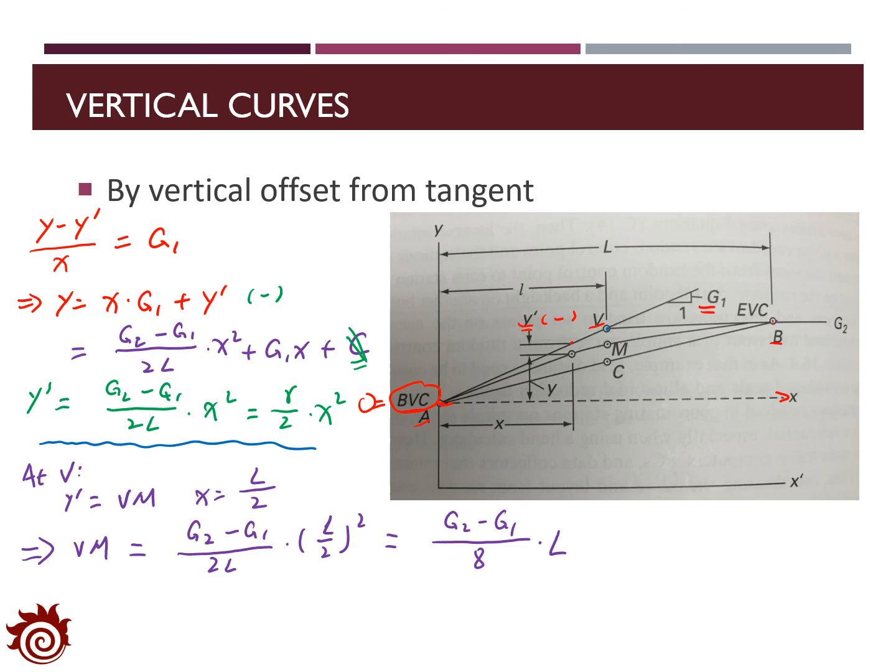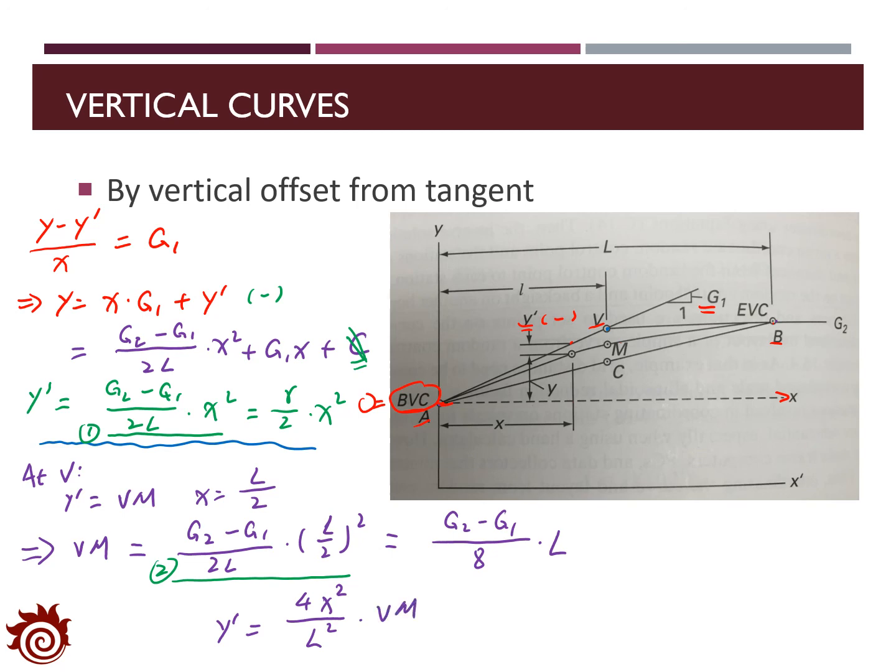In addition, if you consider the equation here and the formula here, by dividing formula 1 by 2, we can find the expression of y prime as 4x squared divided by L squared times Vm.